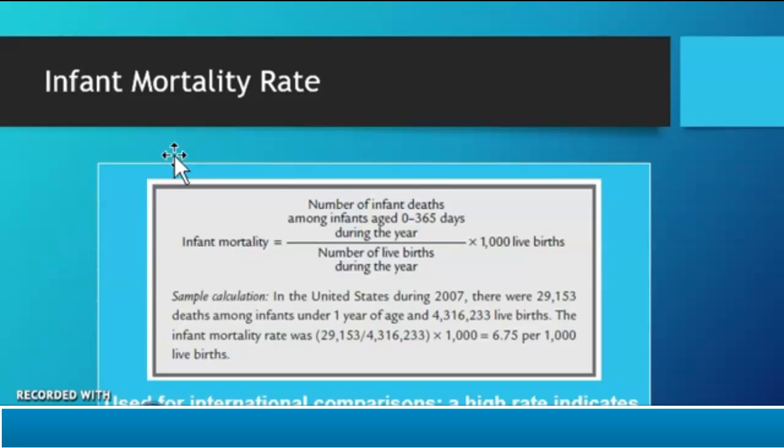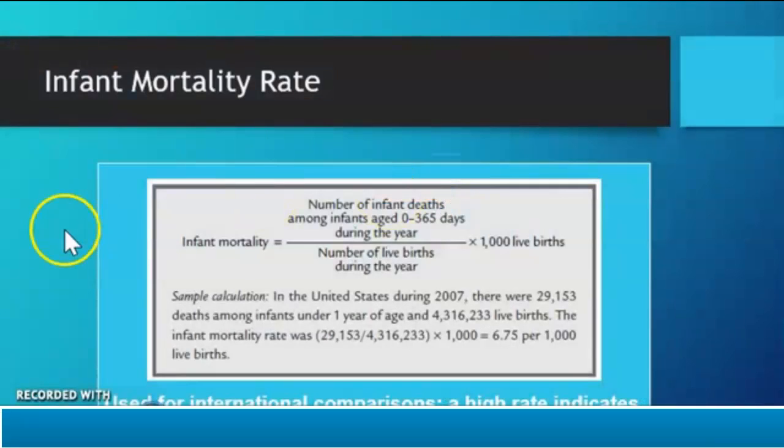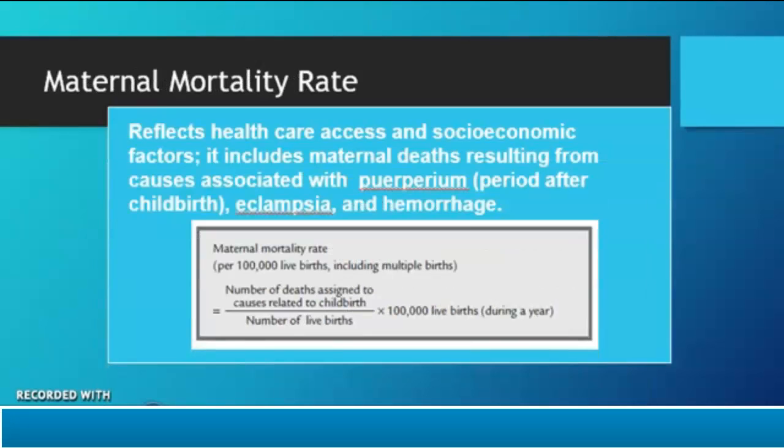So for the sake of simplicity and the sake of understanding this better, we present this in terms of per 1,000 live births. And if you go into the World Health Organization website, if you go into different websites, you can see all the different indicators. In fact, the CIA fact book also has a list of infant mortality rates.